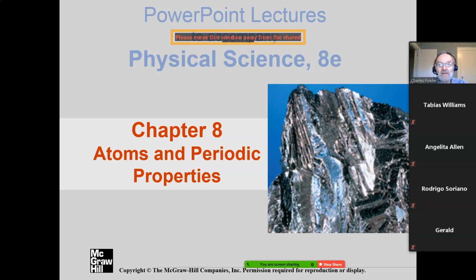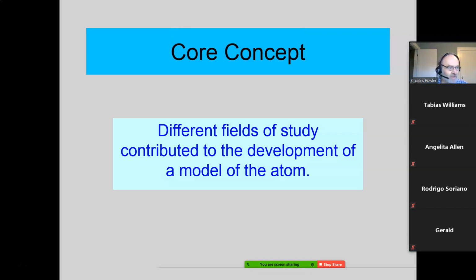Okay, here is the core concept, also on page 205. Different fields of study, physics, chemistry, and many others, have contributed to the development of the model of the atom. In fact, many of the people we'll name were physicists, as well as those that were purely chemists or fiddled in both fields.